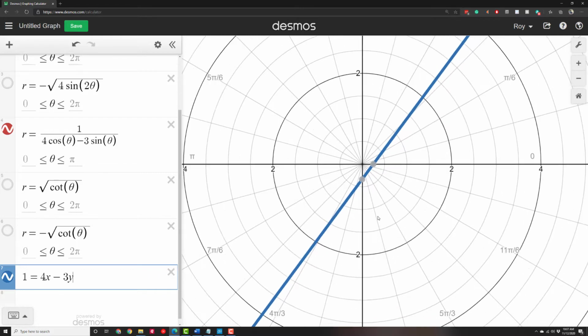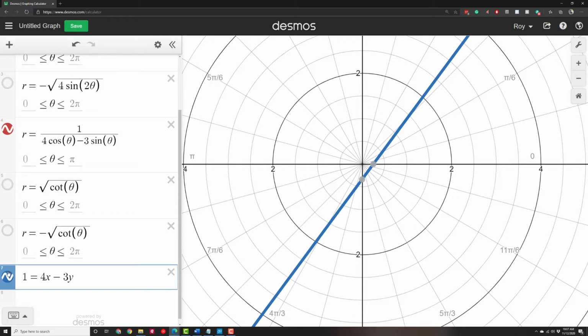And if I turn off that line, you can see they're the same line. So turn on the Cartesian coordinate versus the polar, they're exactly the same line. So that's fairly comfortable knowing that we have done our job correctly.